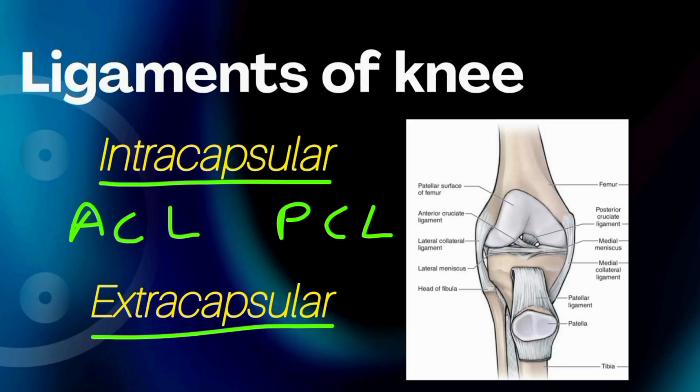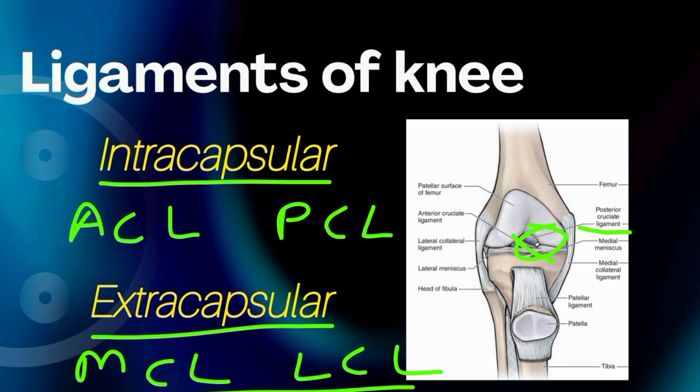Here in this diagram you can see this is the anterior cruciate ligament and this structure is the posterior cruciate ligament. Coming next to the extracapsular ligaments, it includes the MCL, that is the medial collateral ligament, and the LCL, that is the lateral collateral ligament. These ligaments provide side to side stability.